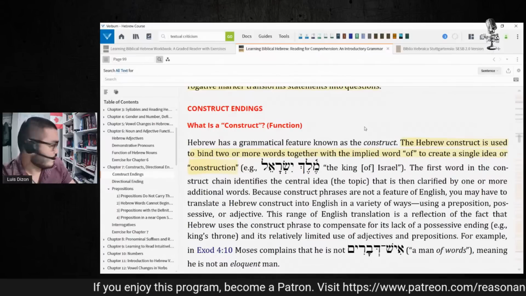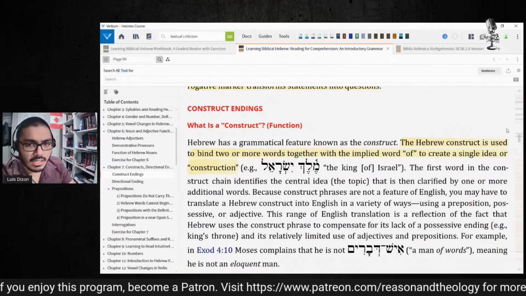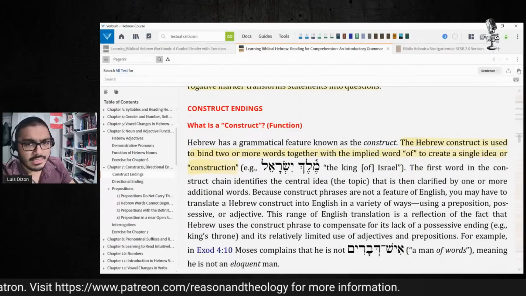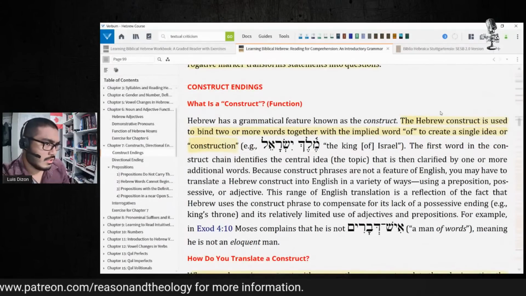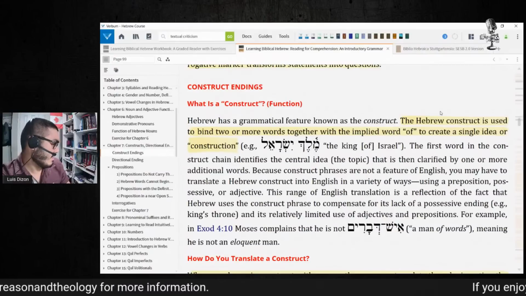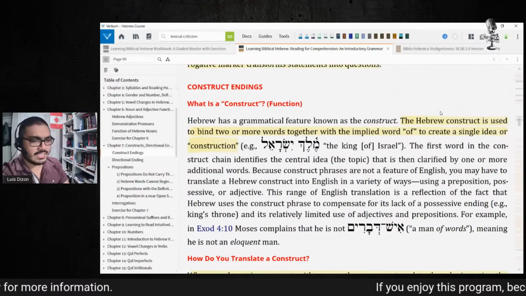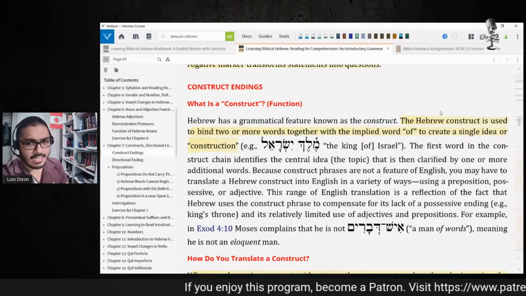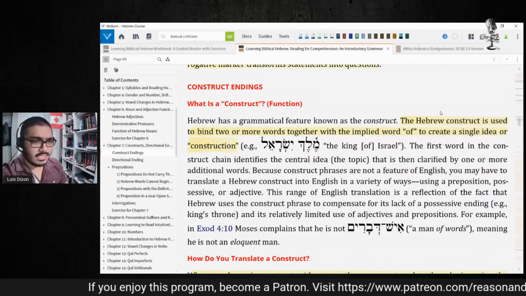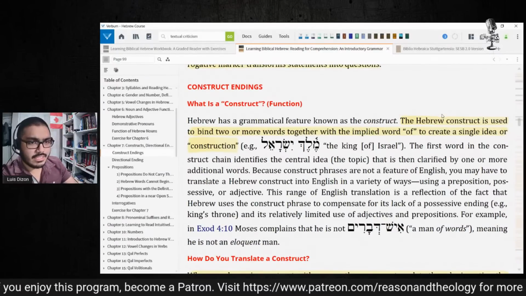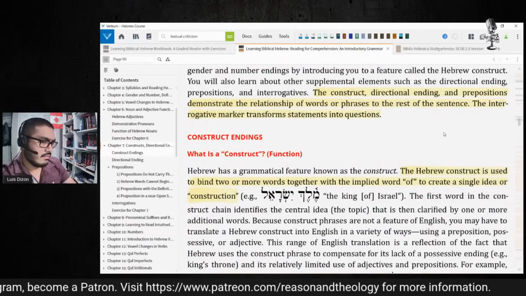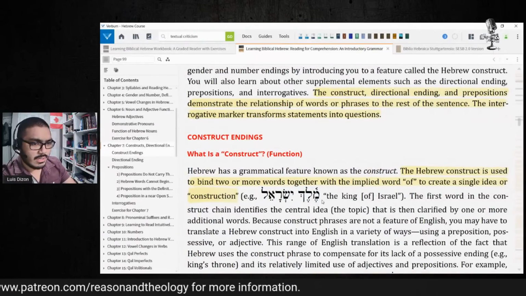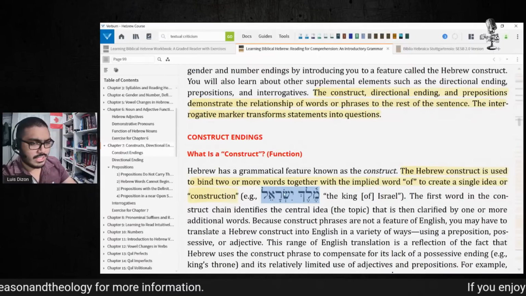A construct form is how we would say x of y in Hebrew. Anything that you can think of that would be expressed as x of y, in Hebrew, we would express in terms of constructs. And a construct is basically a series of nouns that are mentioned together to express a common relationship.